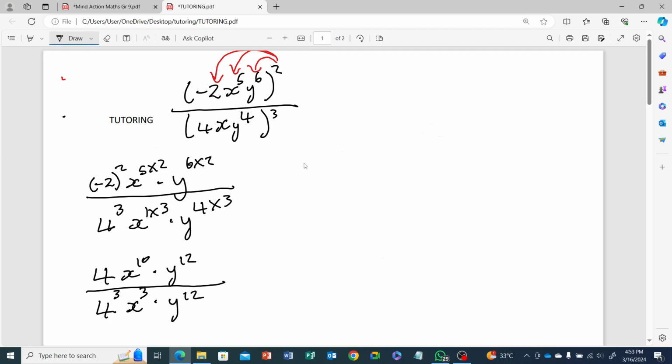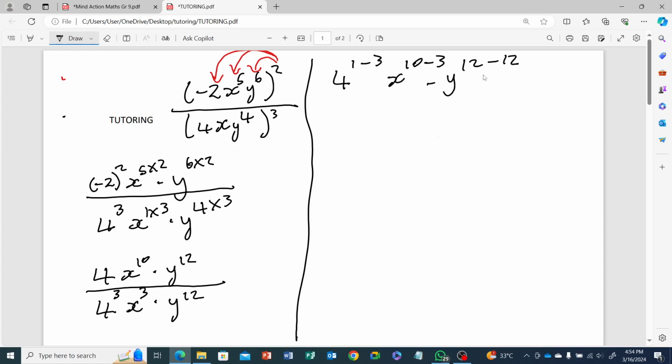Now, let us deal with exponents. We use that law that says when you divide, you keep the base and subtract the exponents. So 4 exponent 1 minus 3, okay? Then x exponent 10 minus 3 and y exponent 12 minus 12.